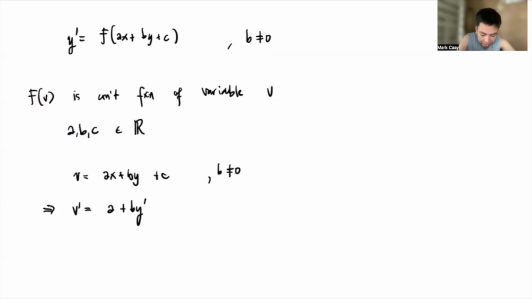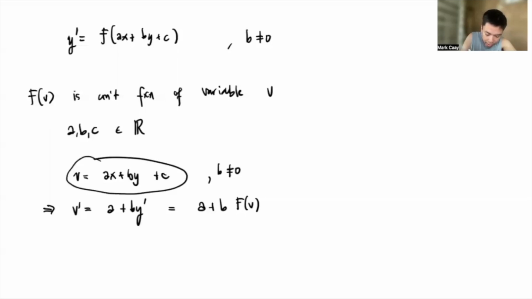Because remember, a, b, c are constants. So what happens here is this will be a plus b f of v. Remember that we replaced ax plus by plus c by v. So basically, your f of ax plus by plus c will now be f of v.